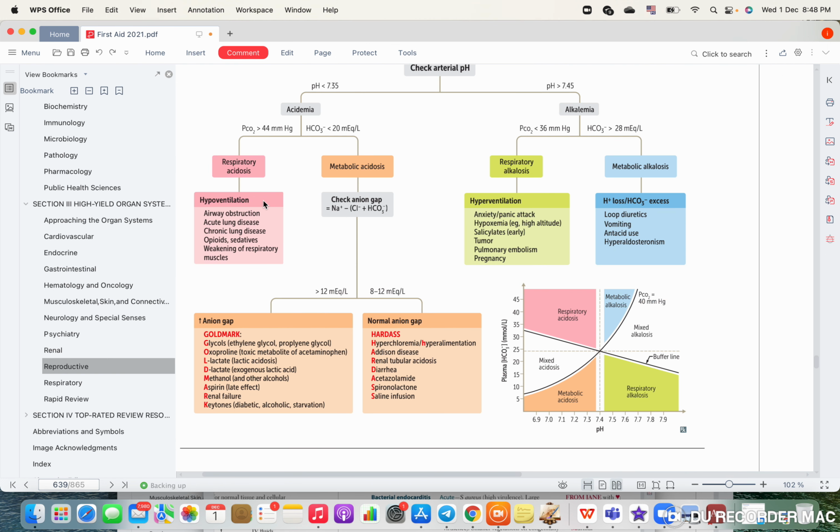If we speak about acetylsalicylic acid, also known as aspirin toxicity, initially which form of pH imbalance will you have? No, metabolic acidosis is actually late.